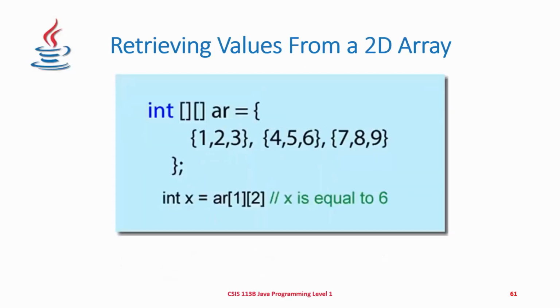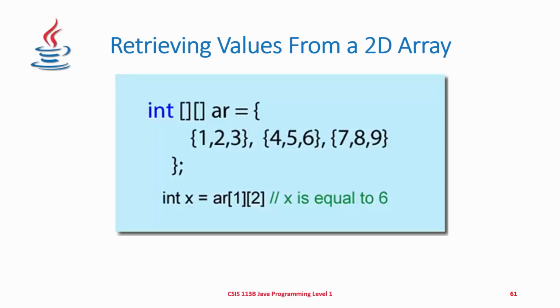So in this example of our AR array, we're trying to retrieve row 1, column 2. So row 1, remember, is the second row because your rows begin at 0. So that means that we're in the grouping 4, 5, and 6, and we want to get the index 2 element.